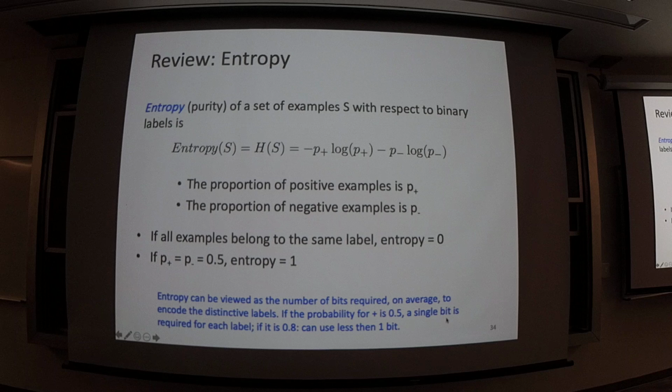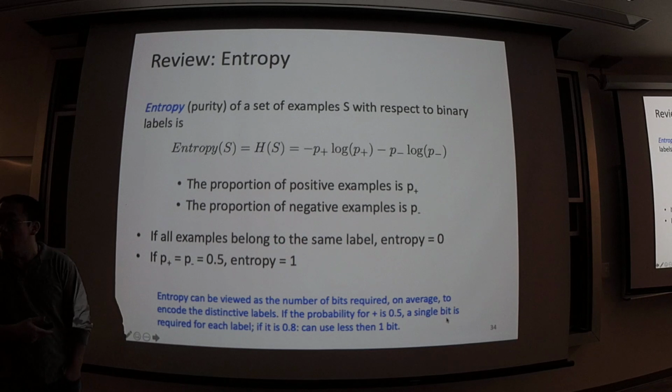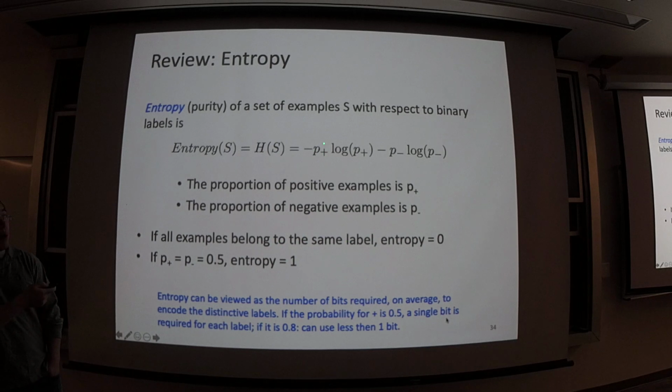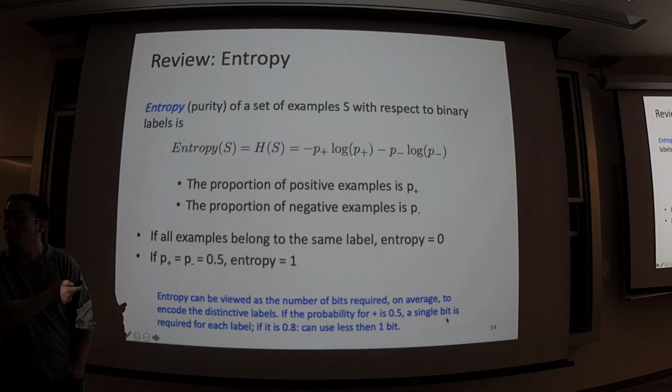So what kind of properties does the entropy reflect? If all the examples belong to the same label, the entropy is 0. Take the binary label as an example. If all the examples have the positive label, then p plus is 1, so 1 times log 1 is simply 0.